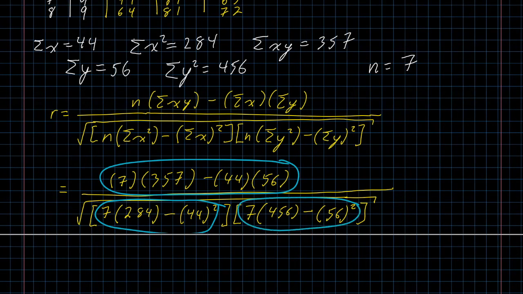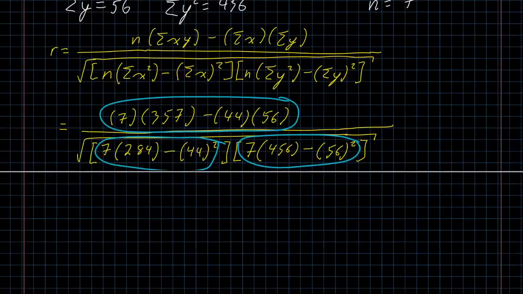All right, following the order of operations, following those rules from algebra, I know that this process will work. I know that the order of operations says calculate the stuff in the numerator. In the denominator, calculate the stuff in the parentheses, then multiply it together, then take the square root, then divide everything. And so I know that I can split it up like this. Everything will be fine.